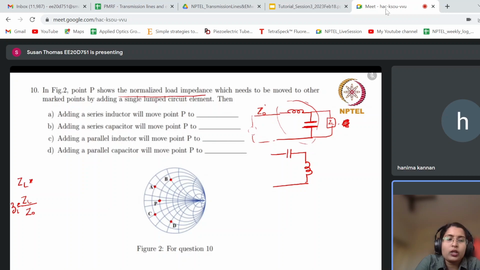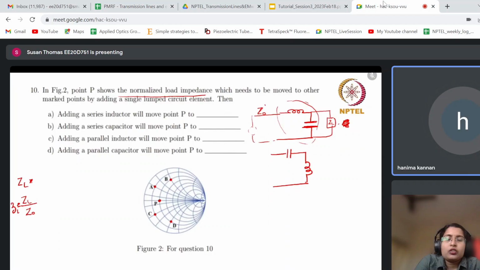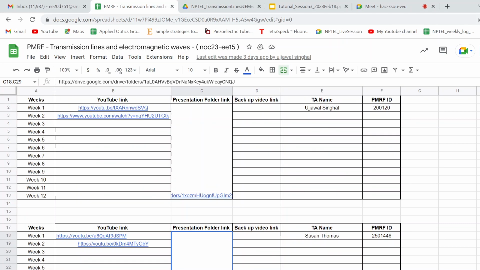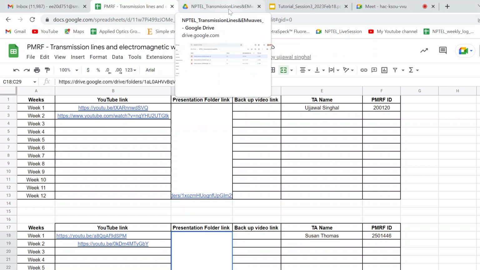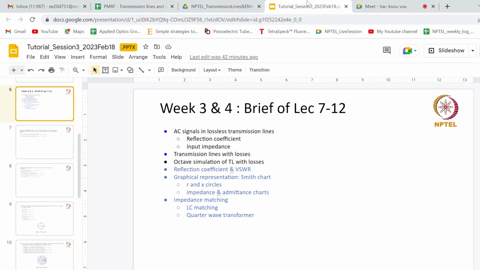Whatever recordings we have will be uploaded in the same Excel sheet every week. Last week I looked but I didn't get it. I got only 2 weeks of recordings. Yeah, we have conducted only 2 weeks. Basically, it is week three. So today is tutorial session three.